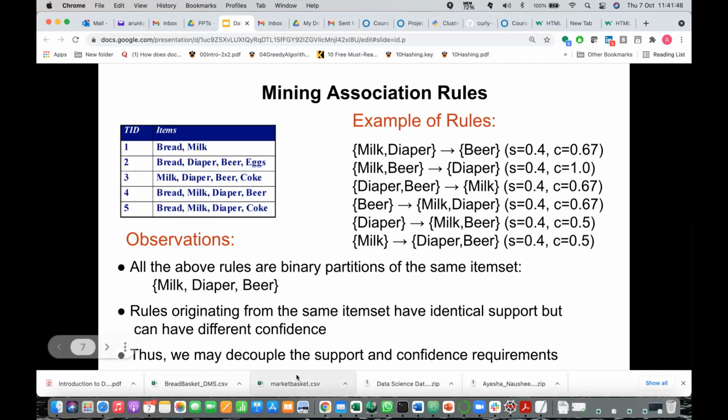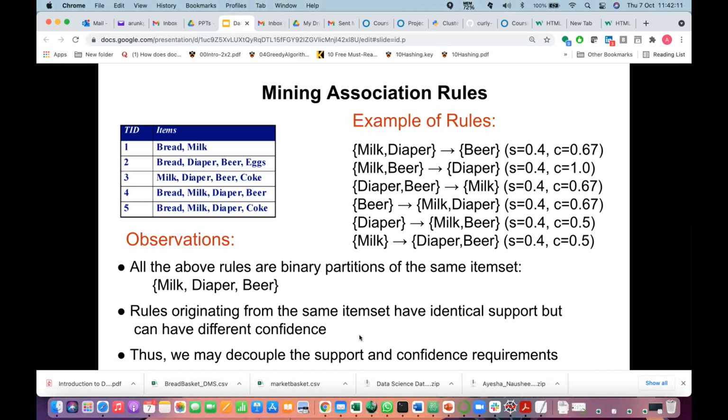So thus we may decouple the support and confidence requirements. If minimum support is required, then first X union Y should have that minimum support. First of all, we will find all item sets that have minimum support.